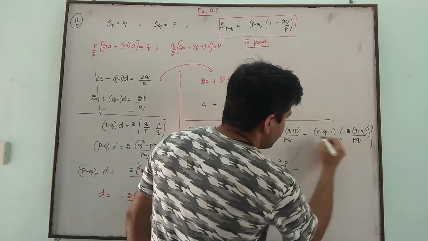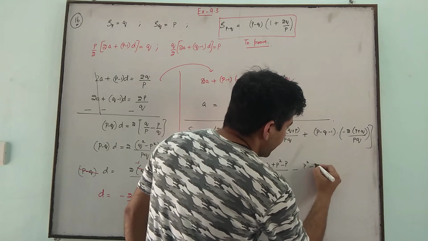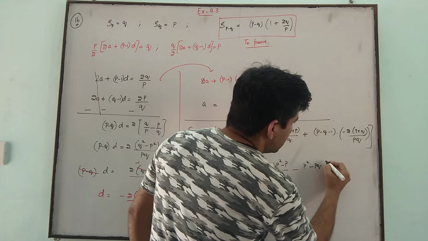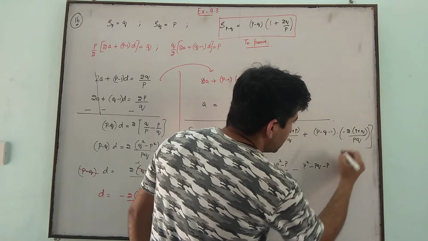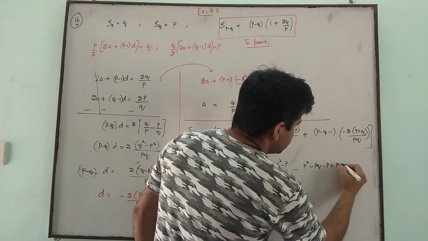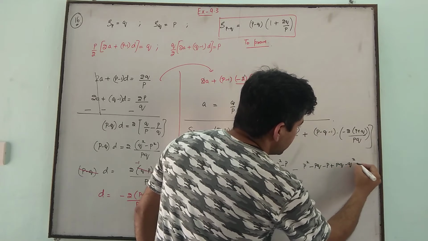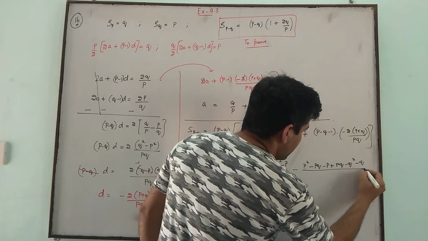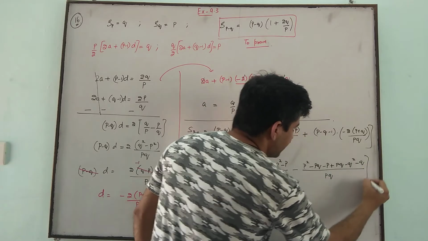This will be p square minus pq minus p, and this will be plus pq minus q square minus q, whole divided by pq.